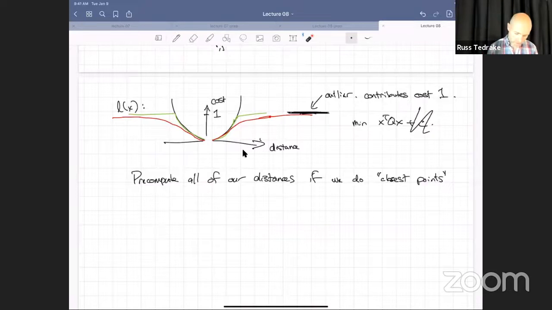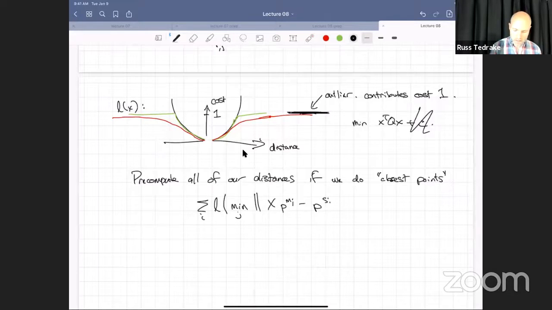You might write that, for instance, as the sum over i of L of the min over j of the norm of x applied to p_Mj minus p_Si in the coordinates. You could think of it as computing all the distances, but only keeping the smallest one and passing that to my loss function. If you're willing to think that most of the points were actually close to 0, then it's almost exact.